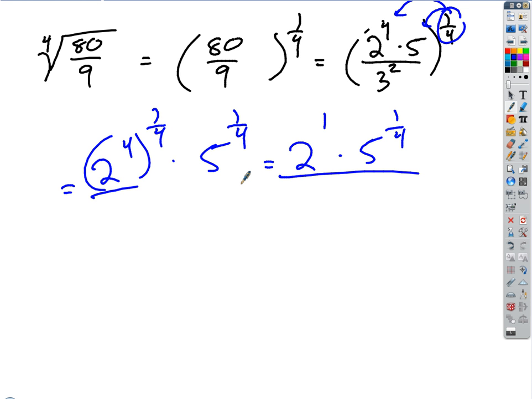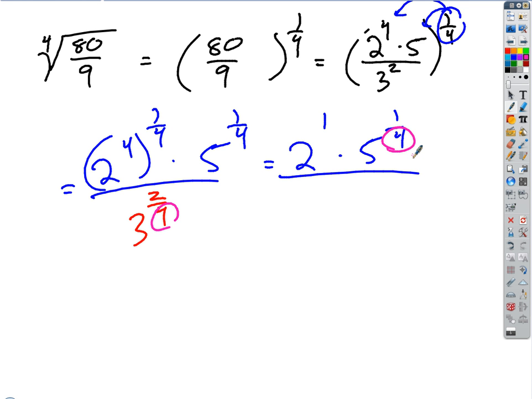Now, I want you to be careful with this. There would be a real temptation to write that as 3 to the 1/2, because it is. That is 3 to the 1/2, but what's key here is that because we don't have like bases, we have to be able to write this as a like radical at the very least. We need to keep the denominators the same. Here's why.